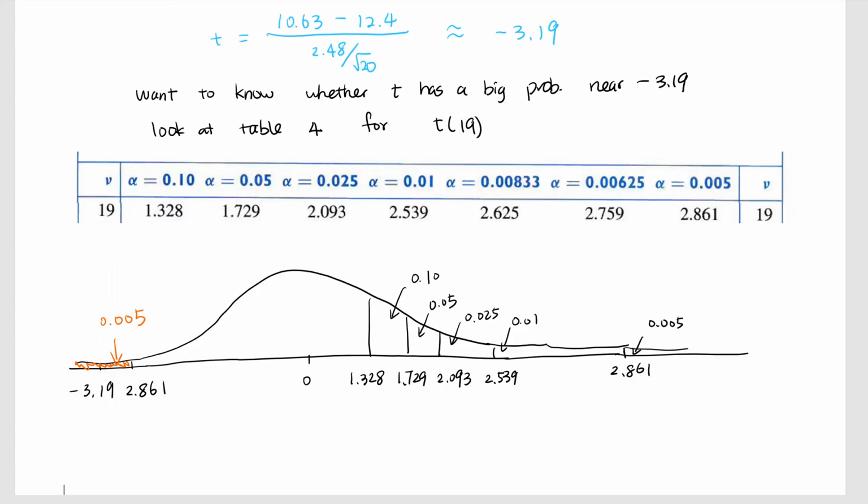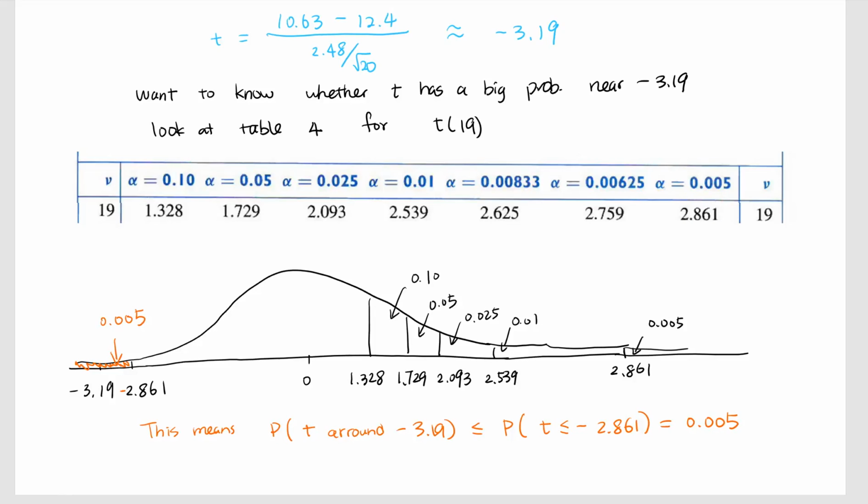So what do we get? The probability of t around negative 3.19 is less than or equal to the probability of t less than or equal to negative 2.861, and that probability is 0.005.